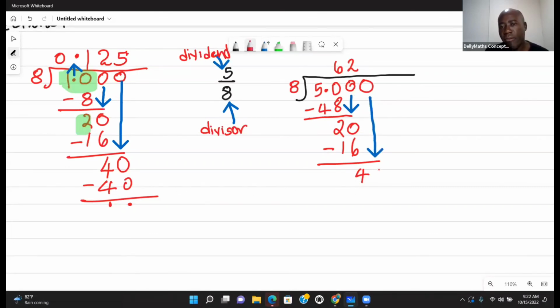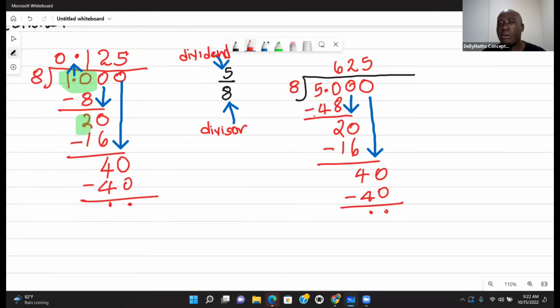What do we have here? 40. So the next thing now is to say 8 into 40, that's 5. 5 times 8, 40. And when we subtract, then now we realize we get zeros. And when you get zeros, when you're doing this, you know that you're at the end.